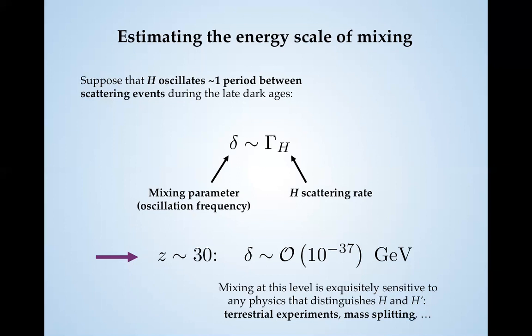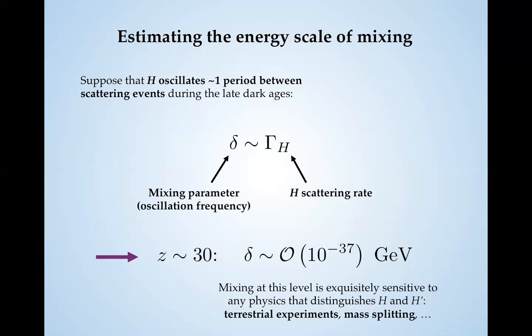So I'm going to state the obvious here. This is a very small number. And so the mixing is going to be exquisitely sensitive to any physics that distinguishes between H and H prime. On the one hand, this means that mixing isn't ruled out by any terrestrial experiments as far as we can tell, because any interactions, just having hydrogen in a vat or a tank, will totally swamp the mixing term.